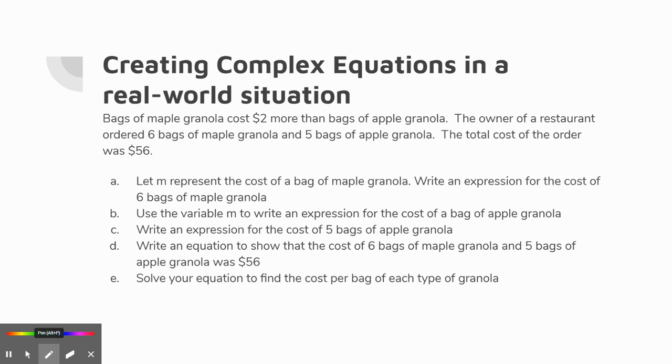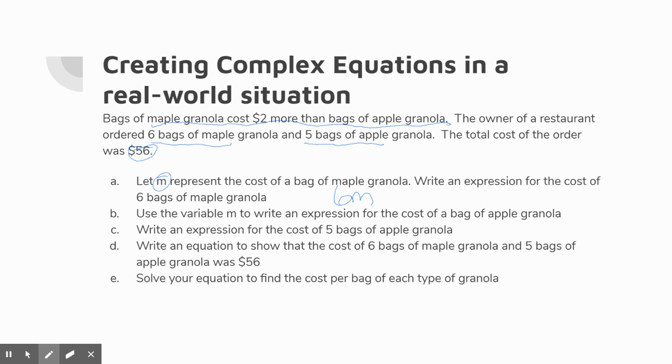So the information I have here: maple granola is $2 more than bags of apple granola, and we bought 6 bags of maple and 5 bags of apple, and the total cost was $56. So if M represents the cost of a bag of maple granola, and we need to write an expression for the cost of 6 of them, I'm going to take the cost of 1 bag and multiply it by 6, and I'm going to have 6M.